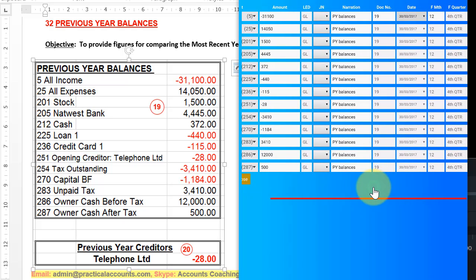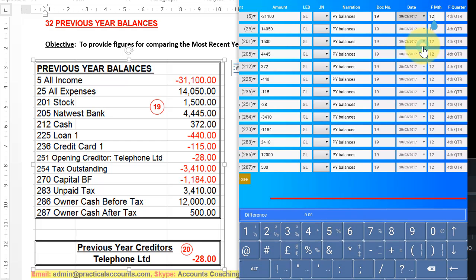Previous year balances are recorded in period -1. We've got month 1 up to 12. Year end is month 13. Balances brought forward is month 0. And balances for comparison purposes belong to month -1.